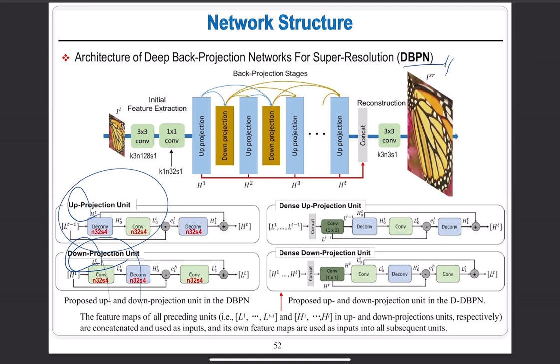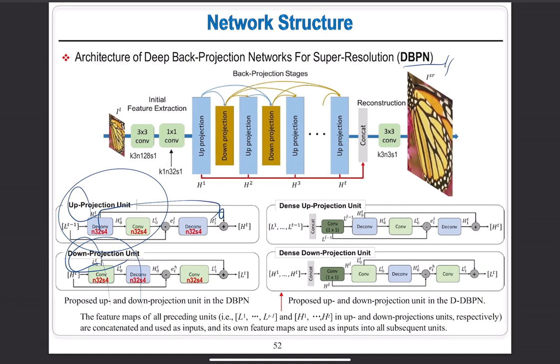These projections are not just a forward pass, they include error correction steps that can help the network learn to reconstruct details or context which were missed in earlier stages.